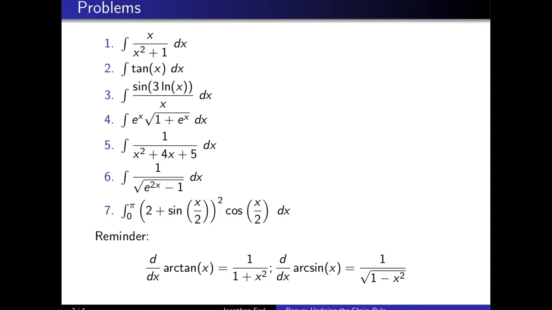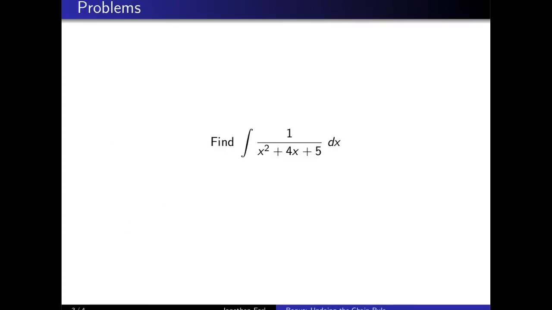Okay, so in our fifth example, we're going to have 1 over x squared plus 4x plus 5. One of the things that we've done when we were particularly doing limits was we used the multiply by 1 trick to simplify things out.